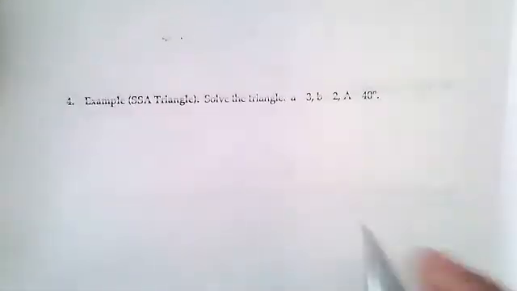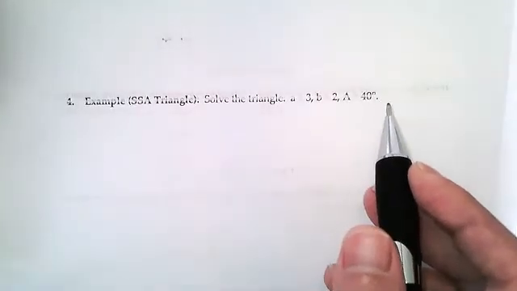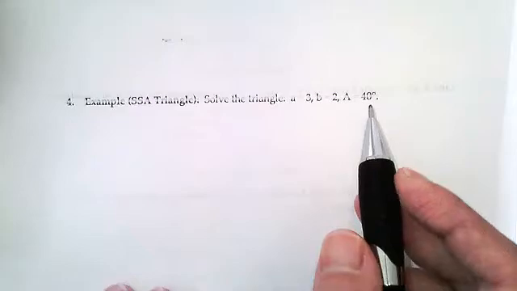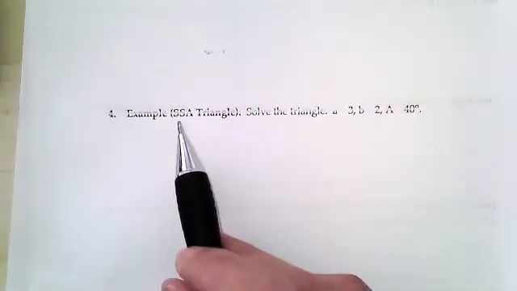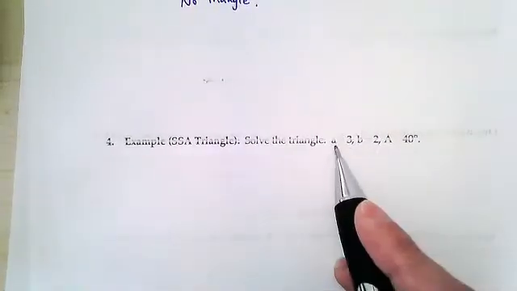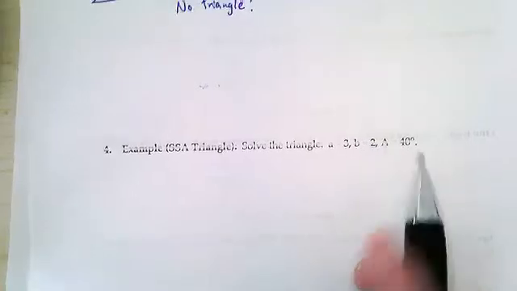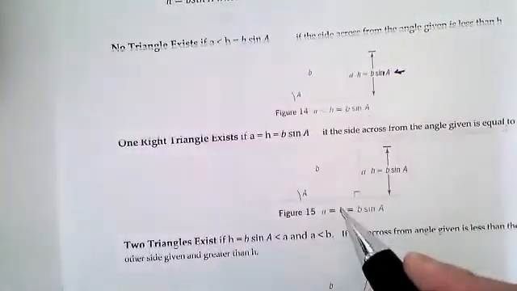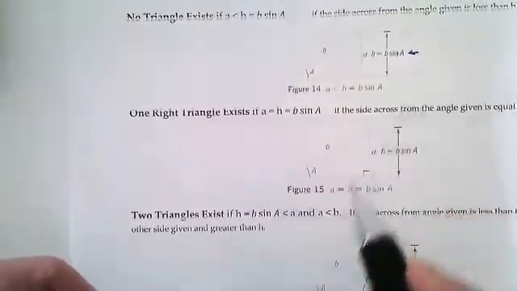Well, for this question, I'm not going to talk about it right now. I think I can give you 5 minutes to figure these things out. This is an SSA triangle, considering you have such information. So think about this. Which situation does it fall into?